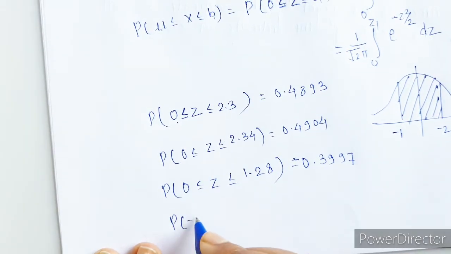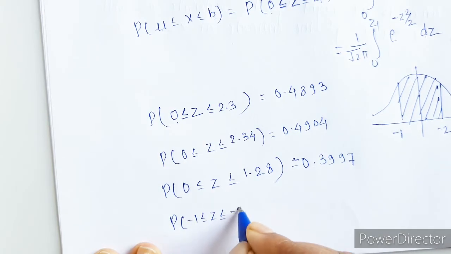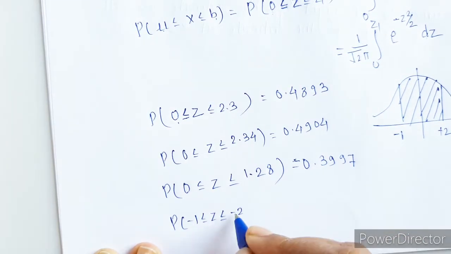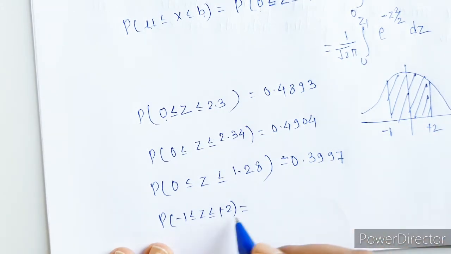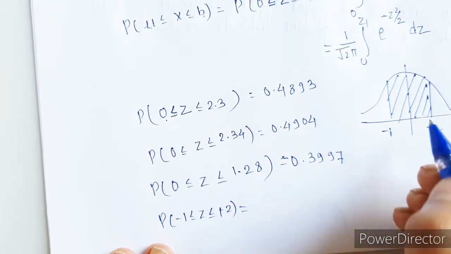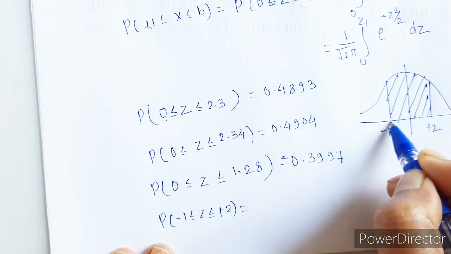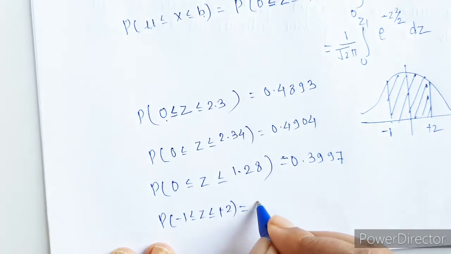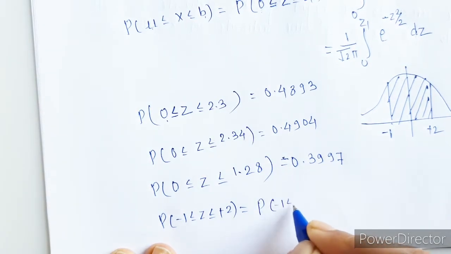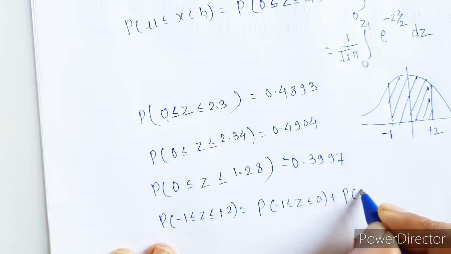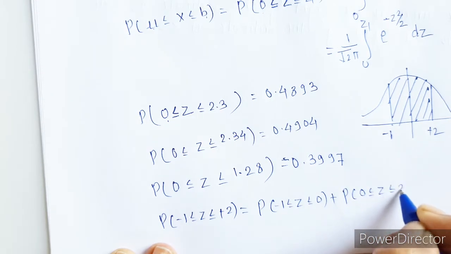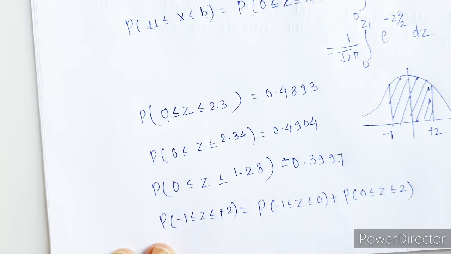This is nothing but the area from -1 to 0 plus the area from 0 to 2.